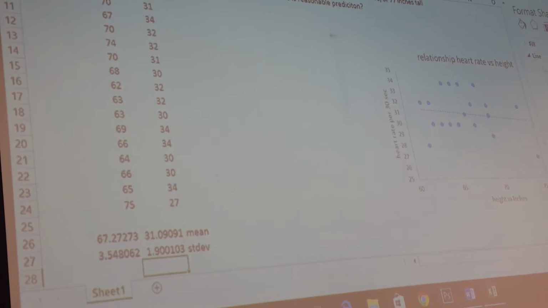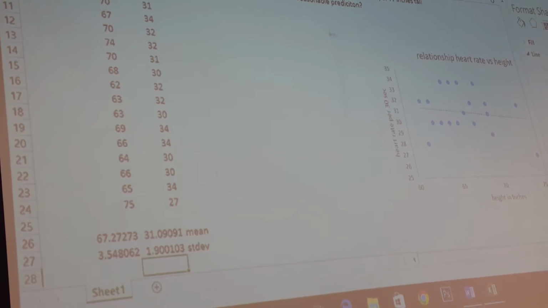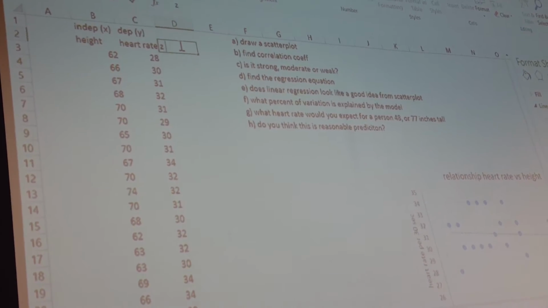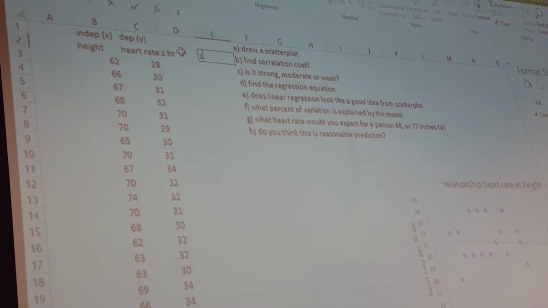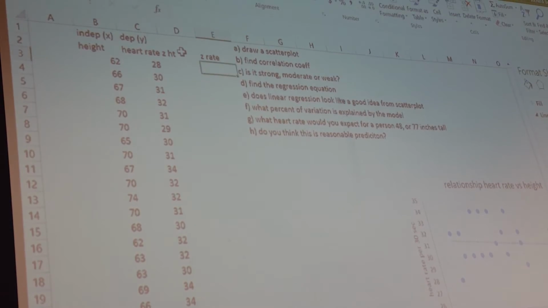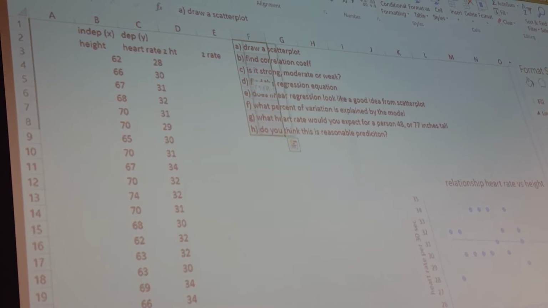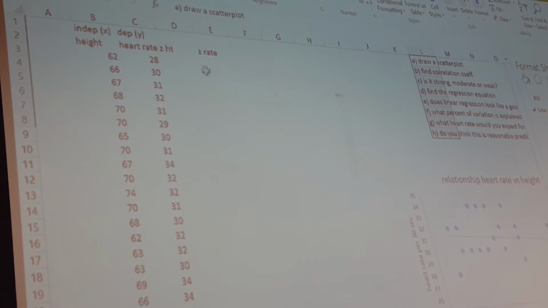All right, now what? Find the z-score. Now we need to find the z-scores, the z for the height and the z for the heart rate. How do I find my z-score for my height?